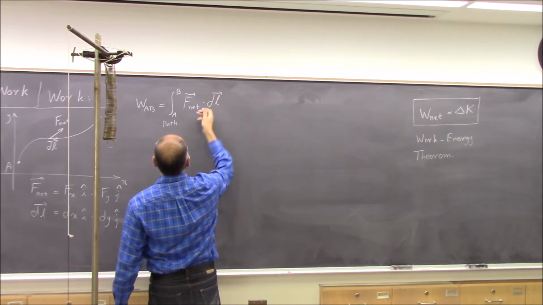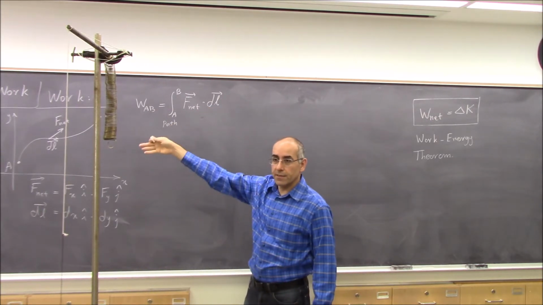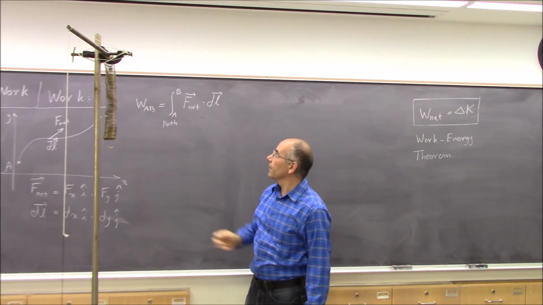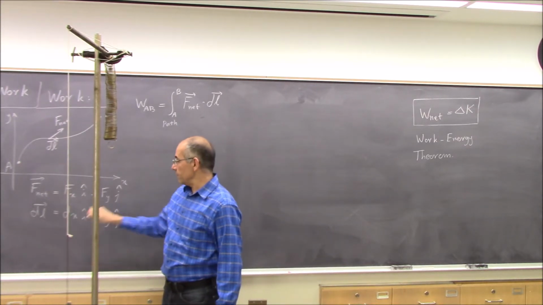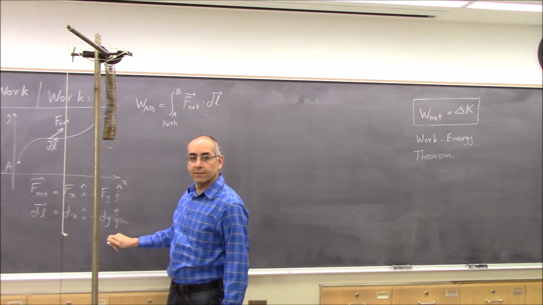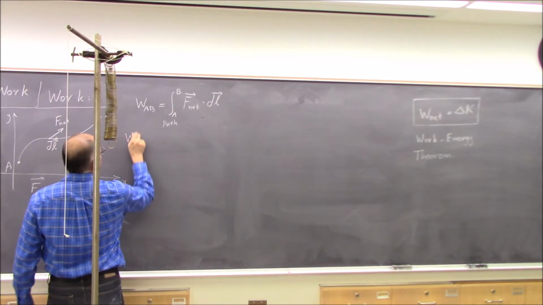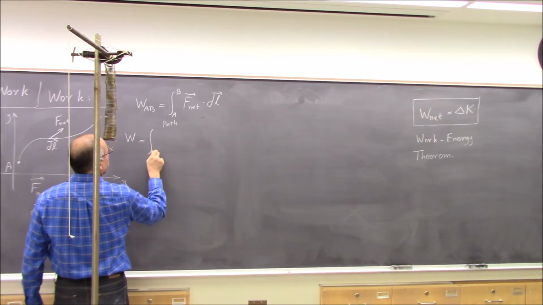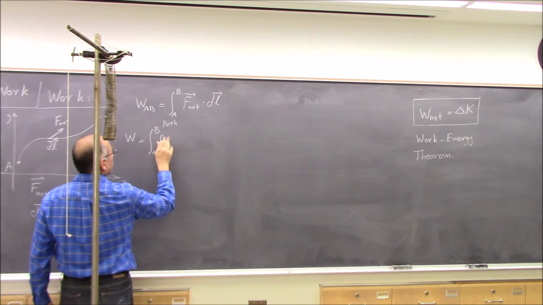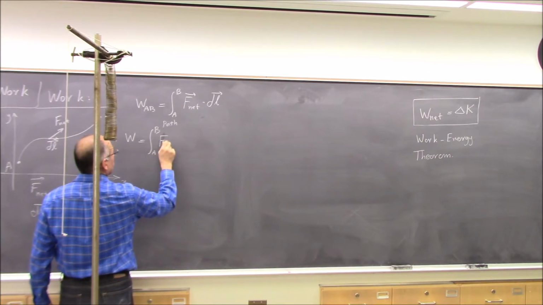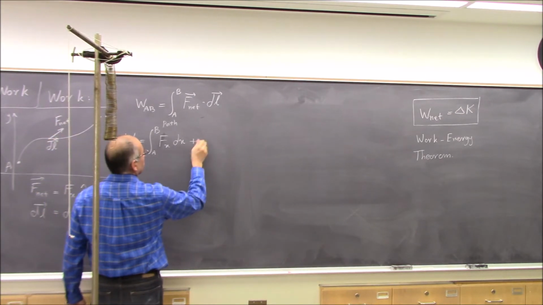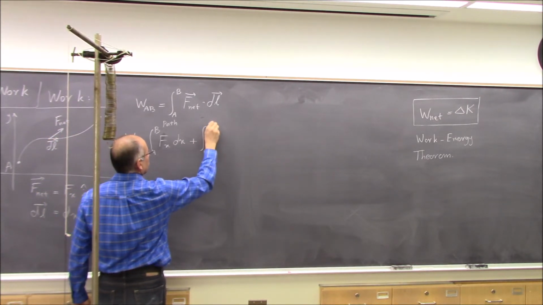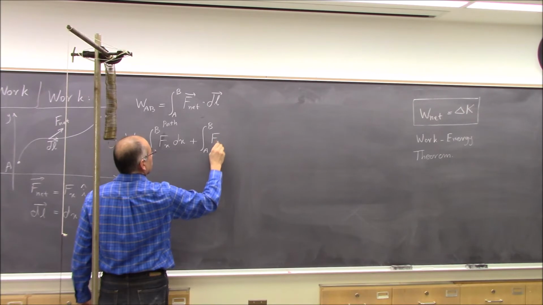So adding all these small pieces together to get the total work. And what is F net dot dl? It will be Fx dx plus Fy dy. So we get W equal to the integral from A to B of Fx dx, meaning the x component times dx, plus the integral from A to B of Fy dy.